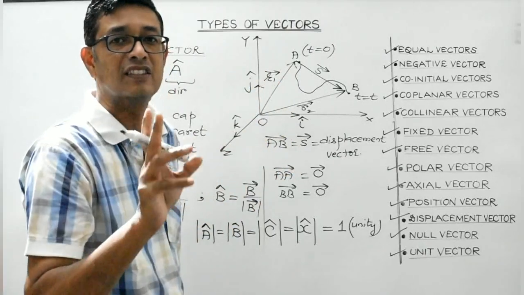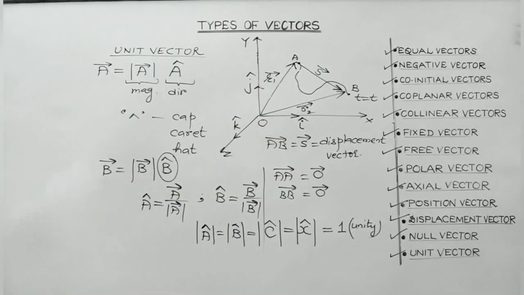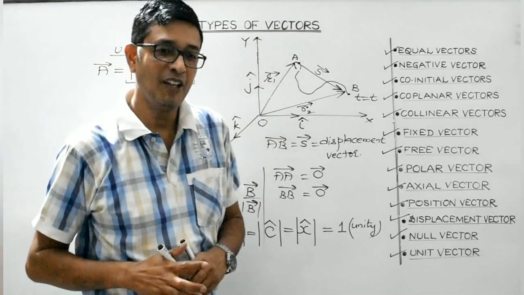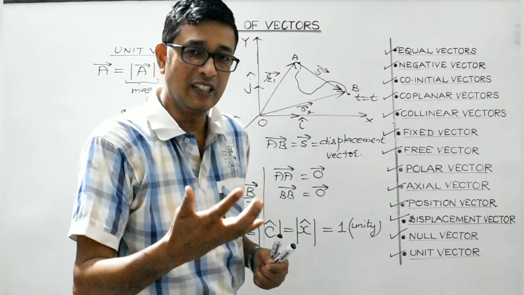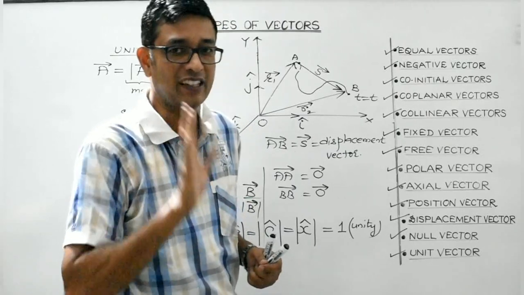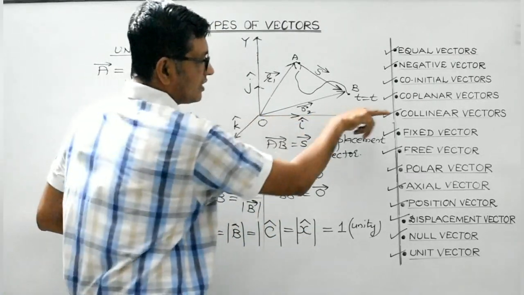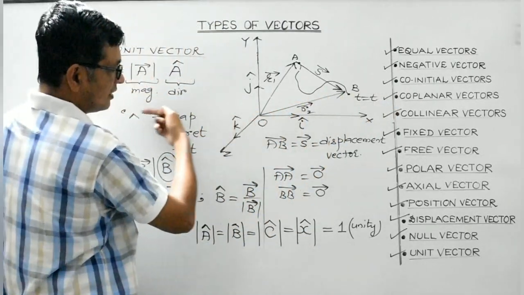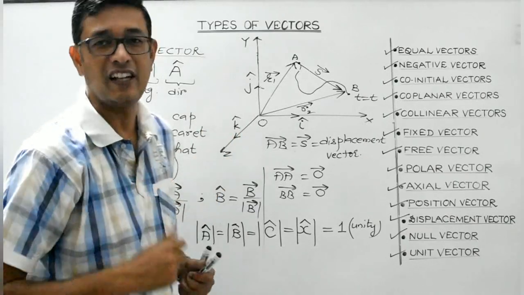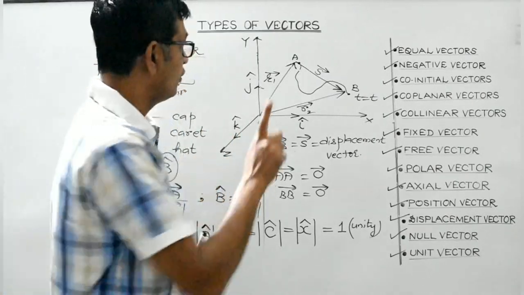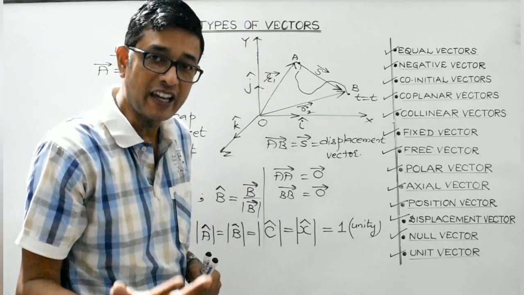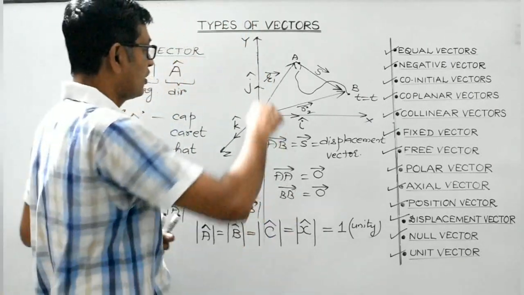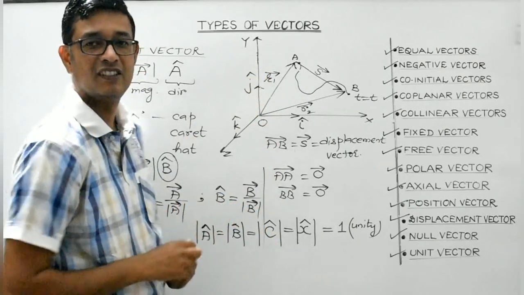and z axis respectively. Okay, now students, minus i cap. Minus i cap is a unit vector which will obviously represent direction along negative x axis. If this is positive x axis, then negative x-axis will be represented by minus i cap. Similarly, j cap represents the direction along positive y-axis, so minus j cap will represent the direction along negative y-axis.